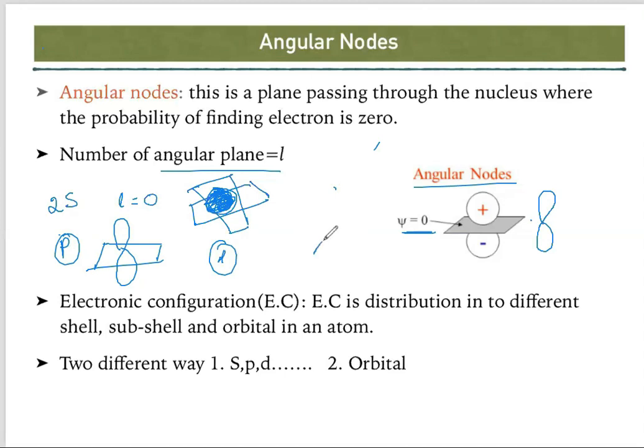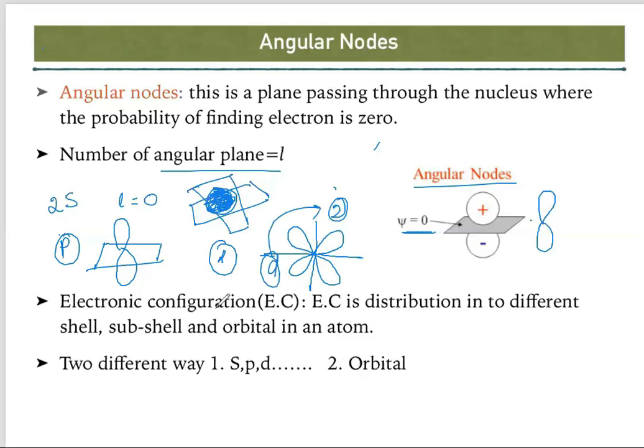Double dumbbell. This is the double dumbbell, okay? Now talking about the planes, imagine a plane which is passing through this line and this line, okay? So how many angular nodes will we get? That is 2. So for d, the angular nodes are 2.